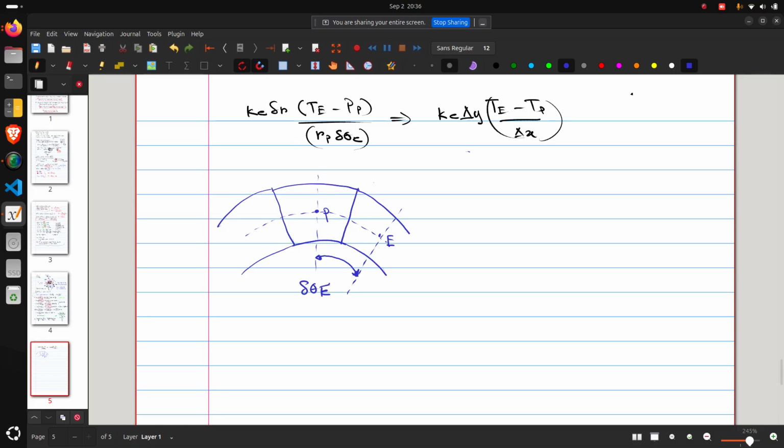Sorry, not small e, it will be capital E. Okay, so delta theta capital E.